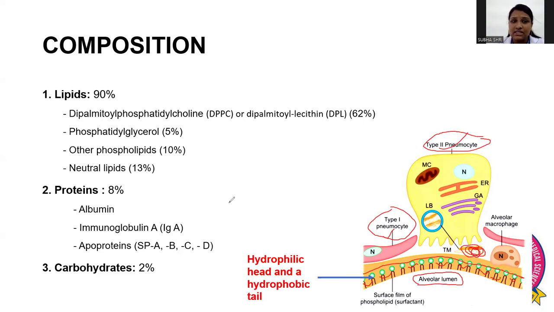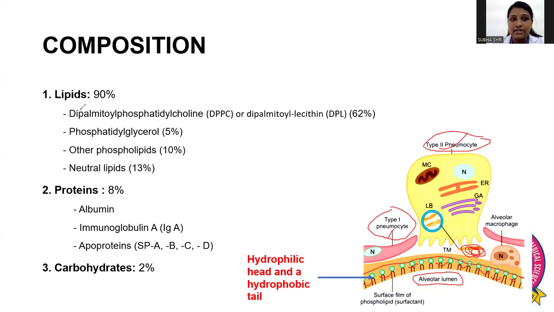So what is present in this surfactant? Surfactant has 90% lipids. Of the lipid, 62% is DPPC. What is DPPC? Dipalmitoyl phosphatidyl choline, which is otherwise called dipalmitoyl lecithin.